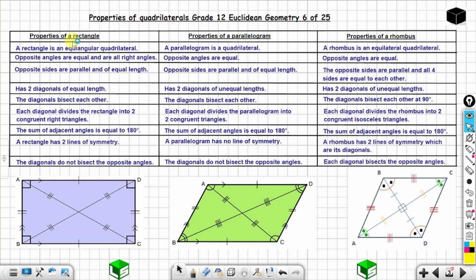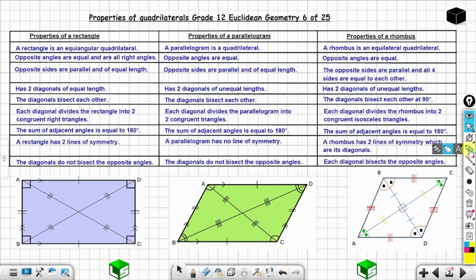Now for a rectangle, the sum of adjacent angles is equal to 180 degrees. Even for a parallelogram, and even for a rhombus, the sum of adjacent angles is equal to 180 degrees.